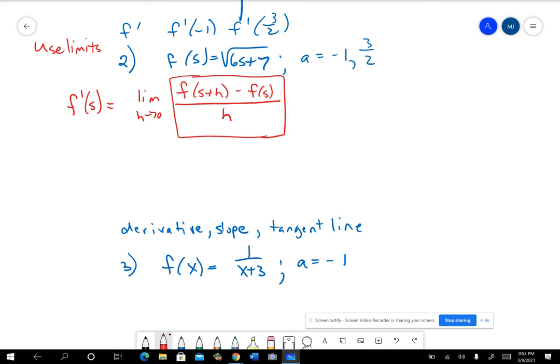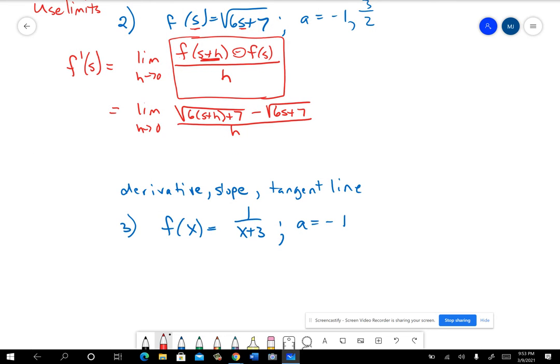So the first thing you're going to do is you're going to plug in the s plus h goes in place of the input in the rule. So we're going to go ahead and plug it in. We're going to have the square root of 6 times s plus h plus 7. That's the f of s plus h. Then we have to subtract f of s, which is square root of 6s plus 7. And then all of that's divided by h.